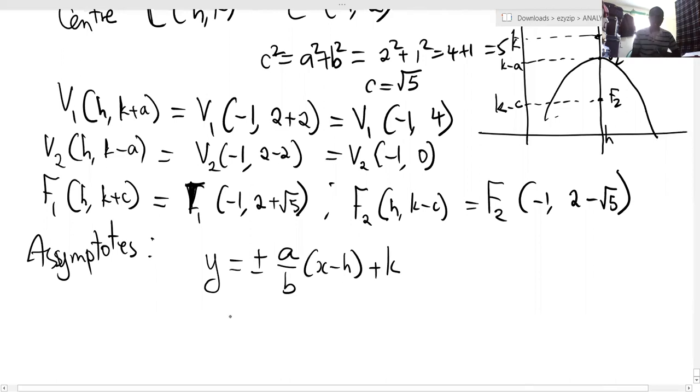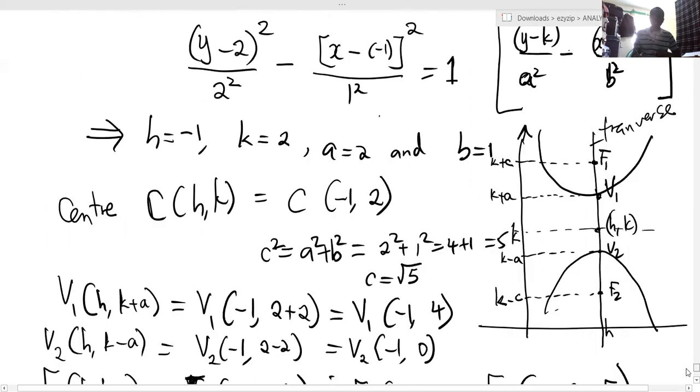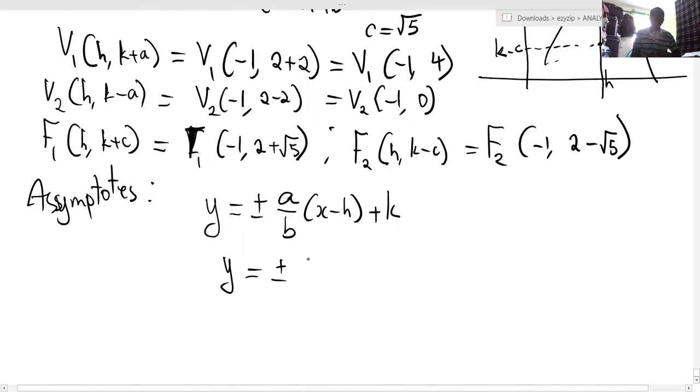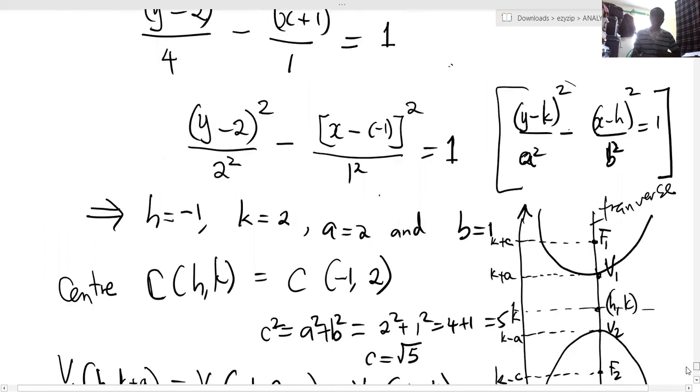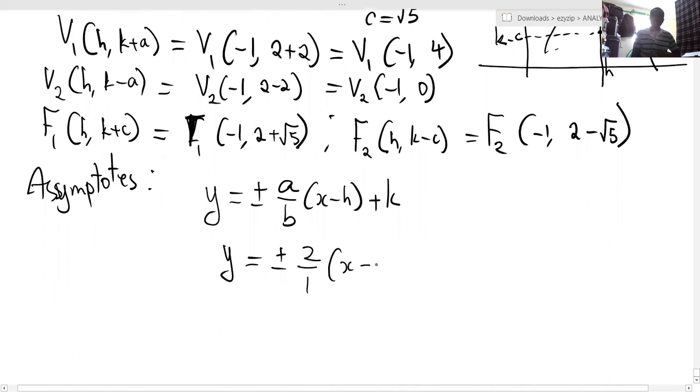So we'll have y equals plus or minus, our a from this question is 2, b is 1. So 2 over 1 into x minus h, in this question is -1, so minus -1, and then plus k is 2. So we'll have y equals plus or minus 2 into x plus 1, plus 2.